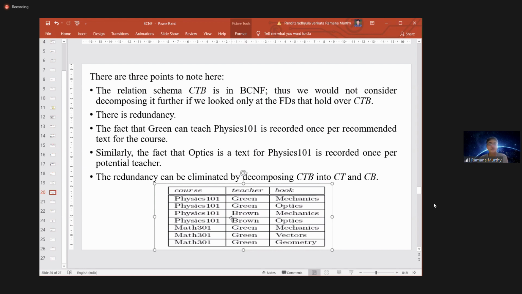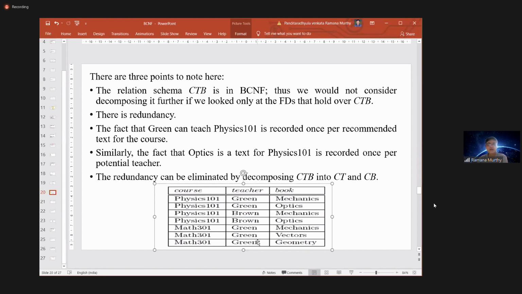If you identify only course and teacher, for the same course physics, the same teacher green is repeated twice. For the same course, the same teacher brown is repeated twice. For the same course maths 301, the same teacher is repeated thrice.